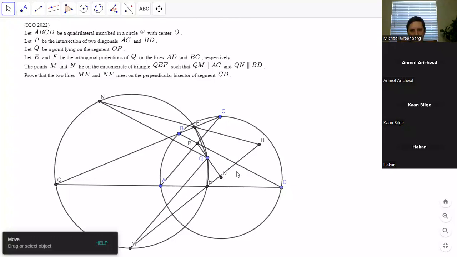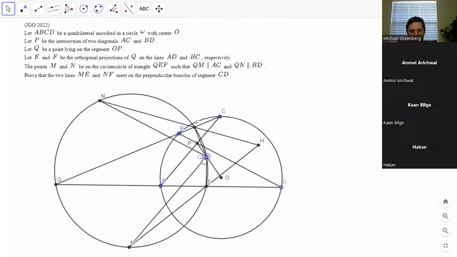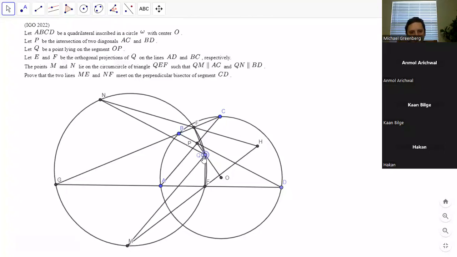Okay. Interesting. We have two parallels. Two sets of parallels.